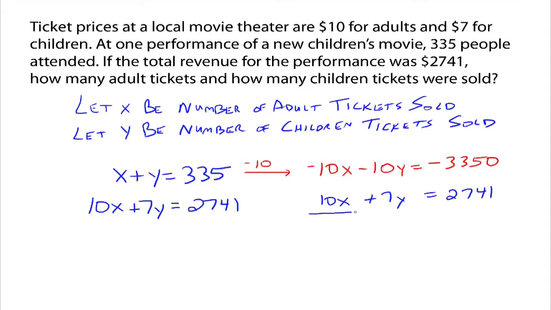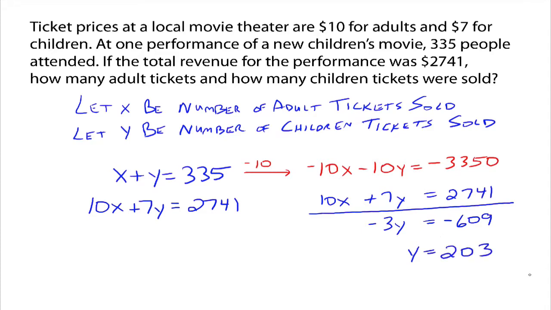And then add them up. So the x's go away, and this gives us negative 3y equals negative 609. So y equals 203.